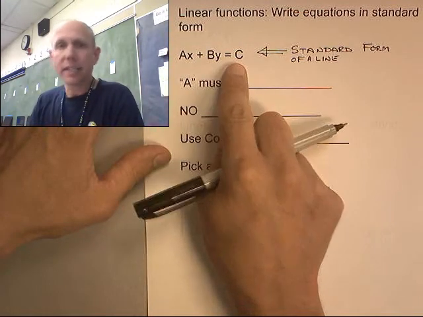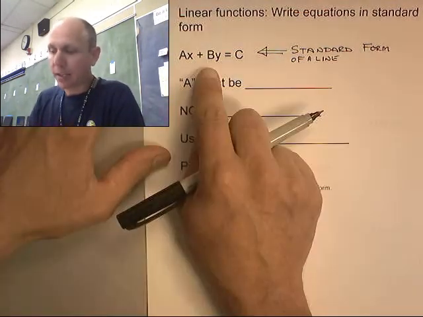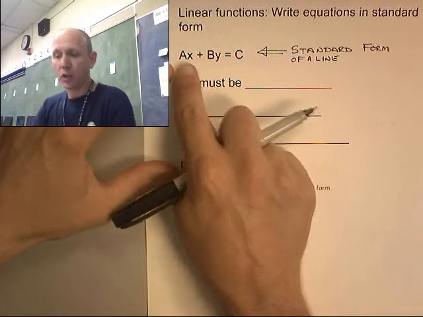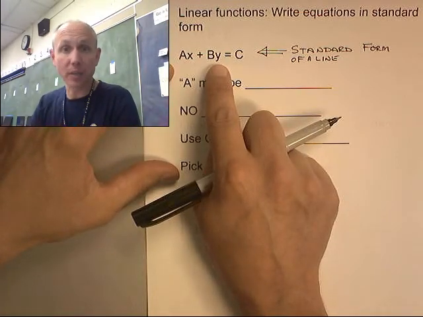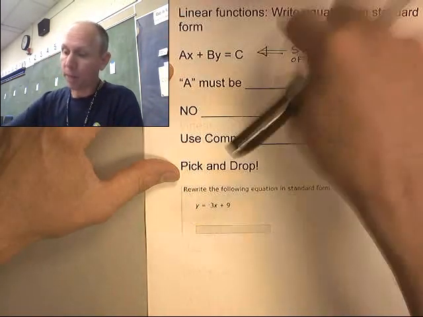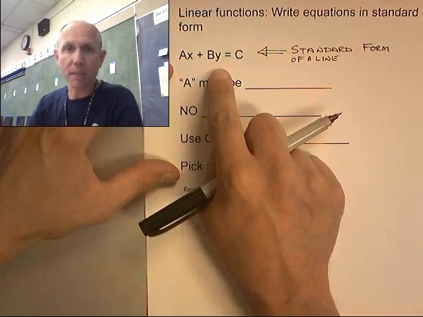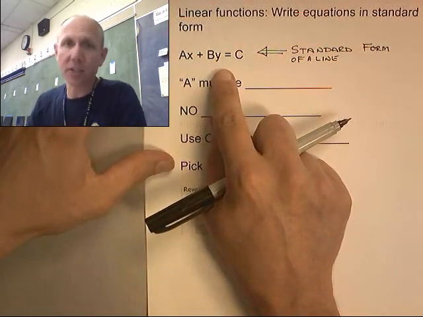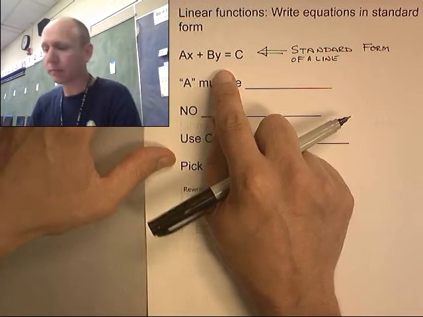A, B, and C are numbers. And a couple lessons back, I showed you how to turn this into slope-intercept form, how I would drop the x over here and divide by the b. So this is still a line, it's just a line in a different form.